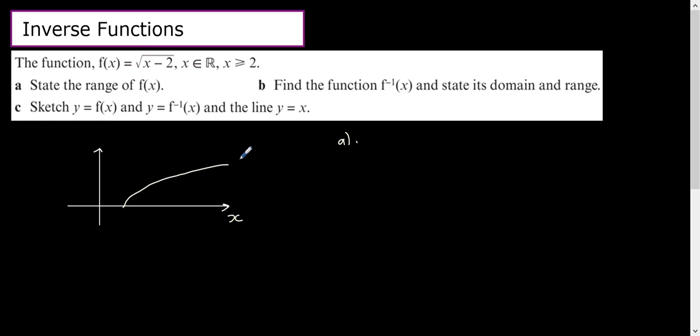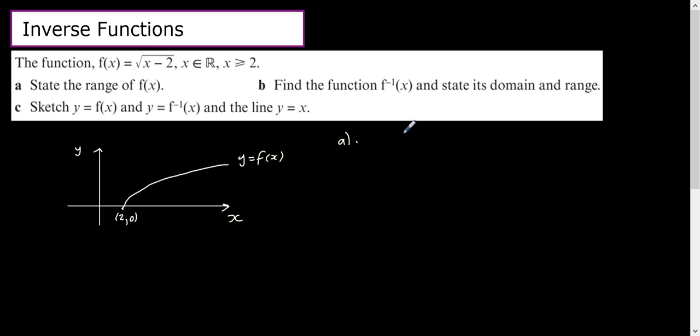That's the graph of y equals f of x. This point here is the coordinate 2, 0, and it doesn't have any y-intercept. How do I know that that's the graph? Well, this is a graph of the square root of x, which we can plot quite easily, and then it's been shifted, translated to the right by 2. So this is what the graph looks like.